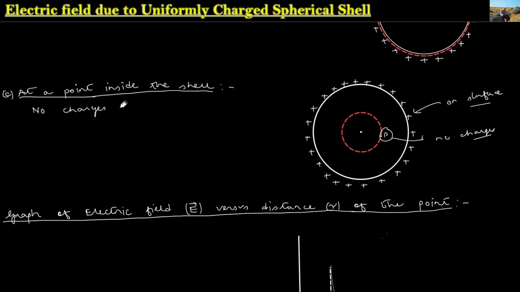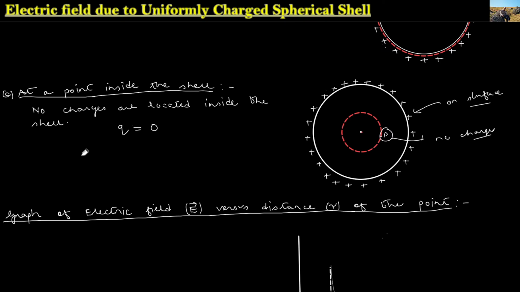So no charges are located inside the shell. If no charges are located inside the shell, what does it mean? Physically, it means that the charge will be equal to 0.